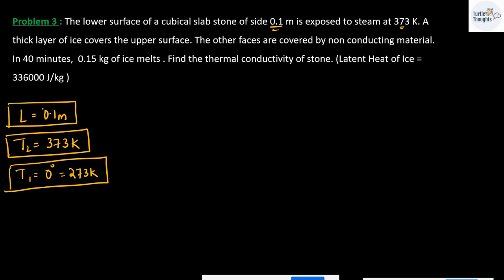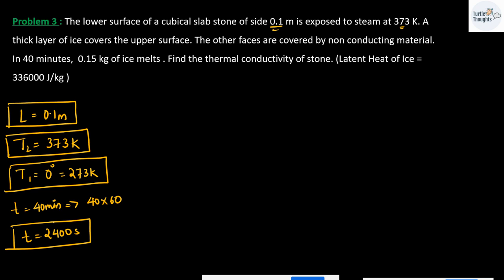Next, time is also given. T is going to be 40 minutes. Converting into seconds, I can multiply with 60. 40 multiplied by 60, T is going to be 2400 seconds.